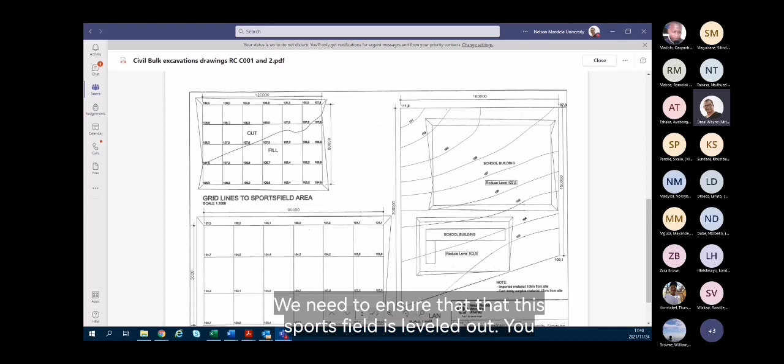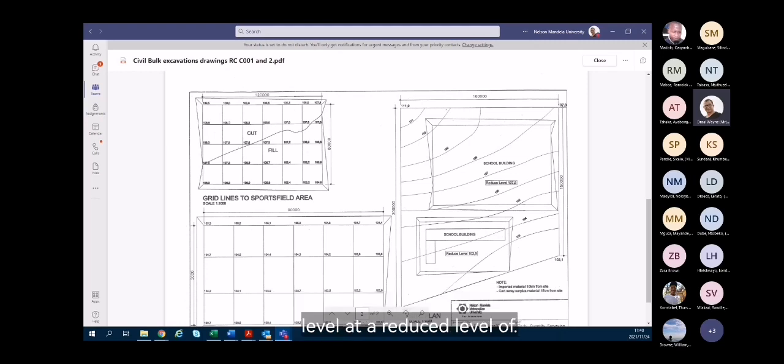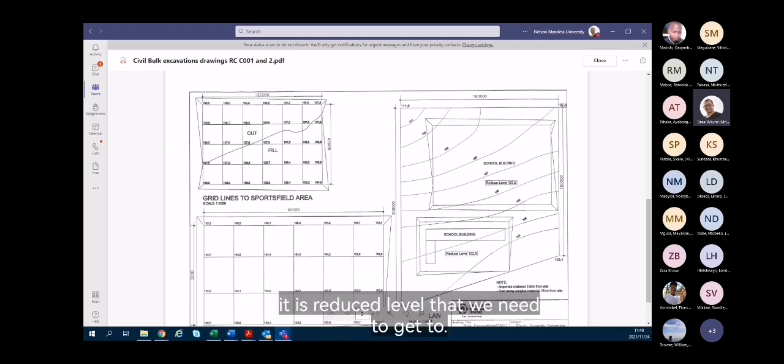You can see in some sections it shows cut, in others it shows full. And we now need to ensure that we arrive at the reduced level of 107.5. It is the reduced level that we need to get to.